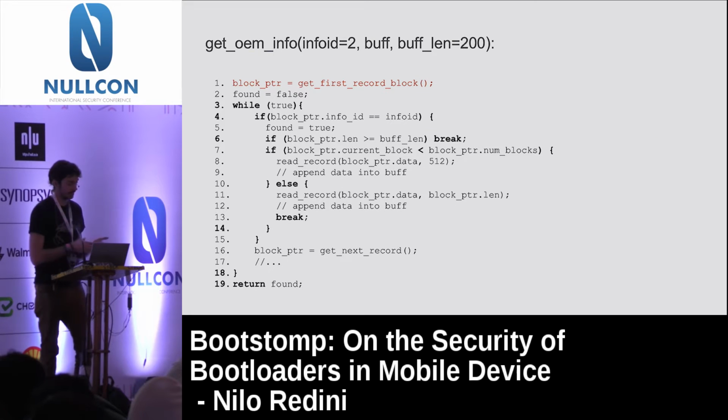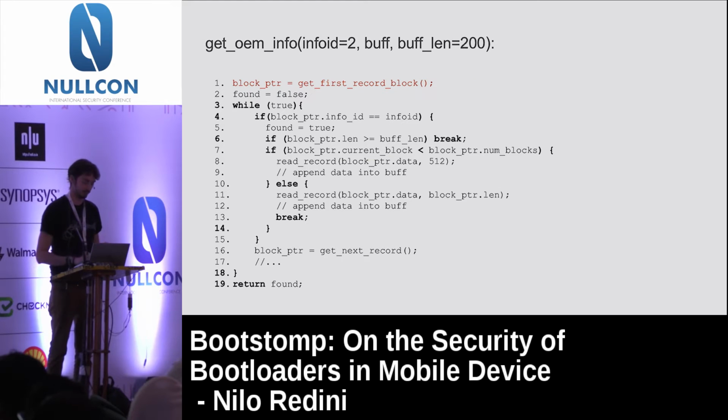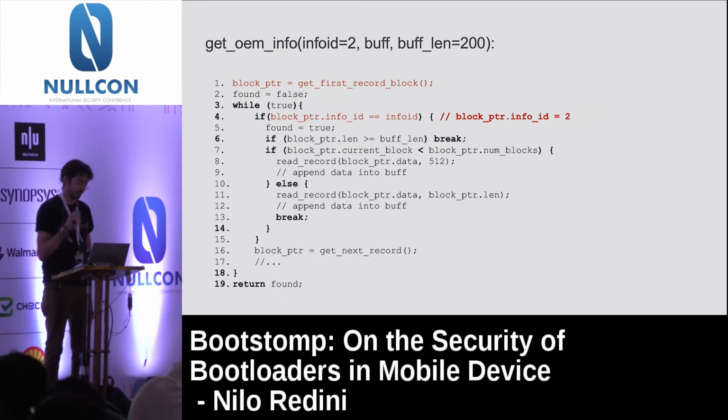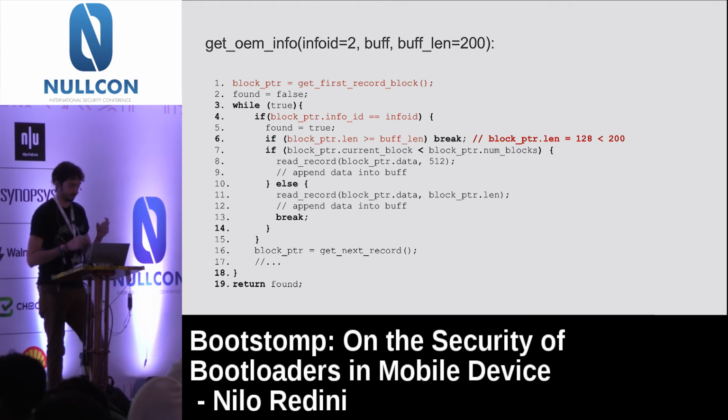What will happen is that, again, the function will start from the very first block on the record file. It will iterate through each block containing the file until it finds the block containing the info ID equal to 2. And then it will check whether the size of the data containing the block is greater than the size of the provided buffer.